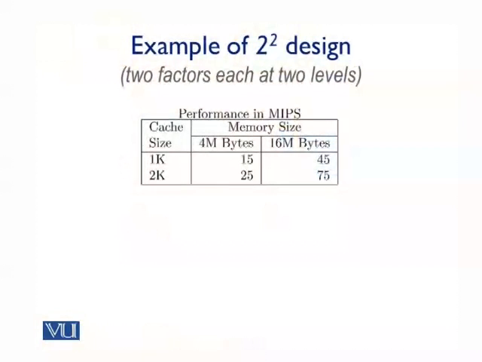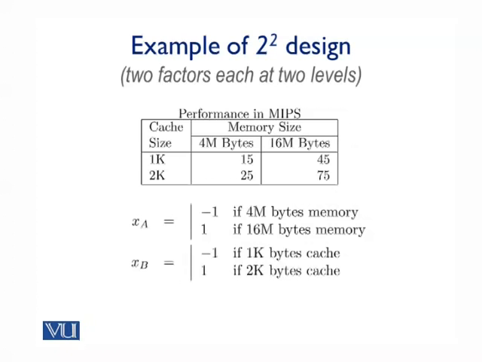So the idea is we want to build a model of this, and to do that we have an indicator variable which tells us where the factor A is. Is it at the high level or is it at the low level? Similarly for the other factor. So the convention is that we use -1 if a factor is at the low setting, and +1 if the factor is at a high setting.